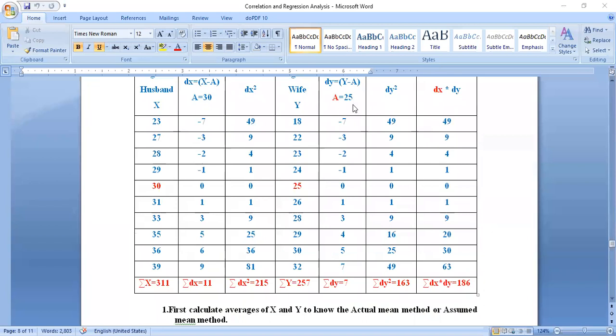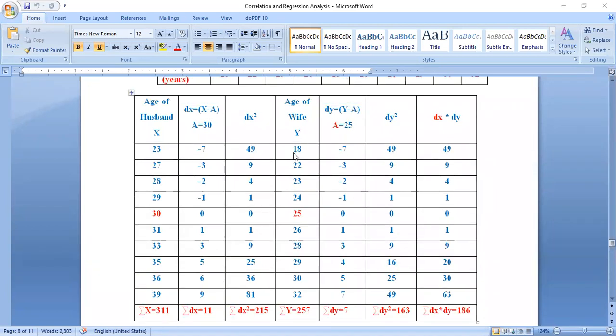The next is age of wife, that is the y variable here. Instead of writing age of wife, I am writing y. The same procedure we applied for the x case, we apply in the y case also.